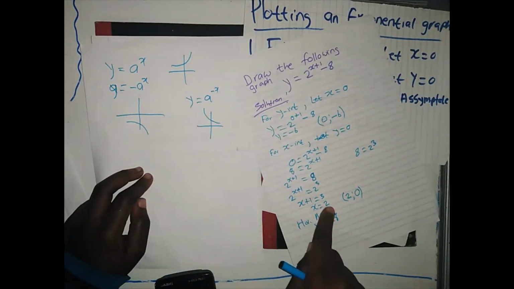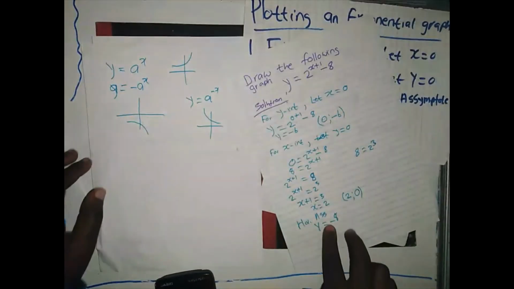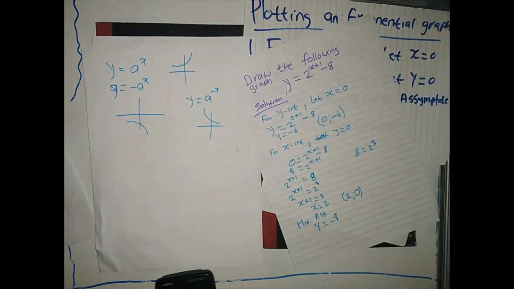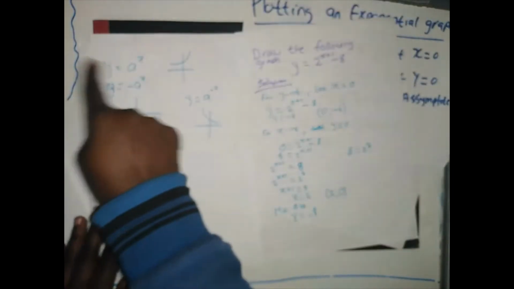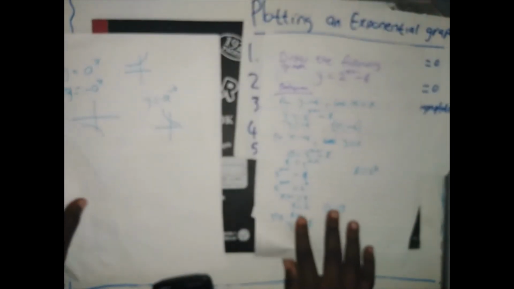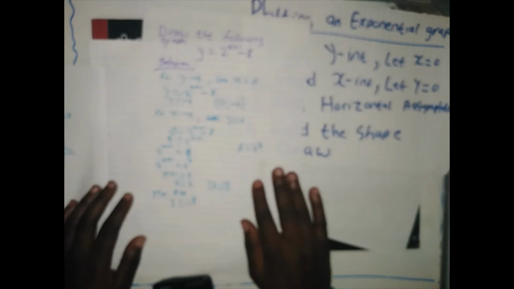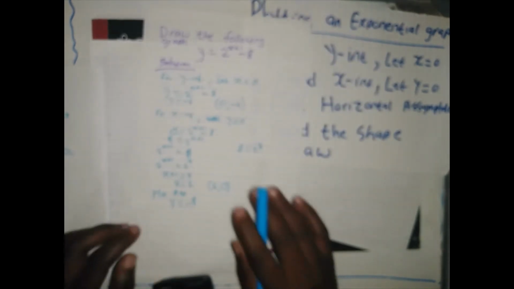So whatever graph that you're going to have here is going to be facing this side. So what you then do is you plot. You've got the shape now, your shape is going to be something like this. But now remember, there is an x-intercept and a y-intercept, and your graph has to pass through the x-intercept and the y-intercept, right? Okay.